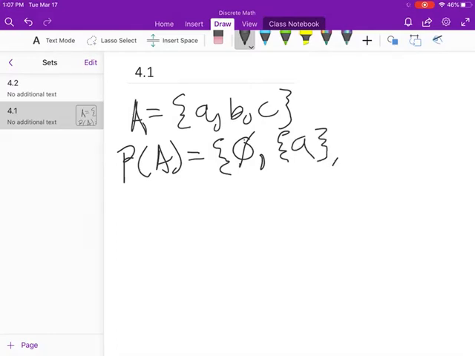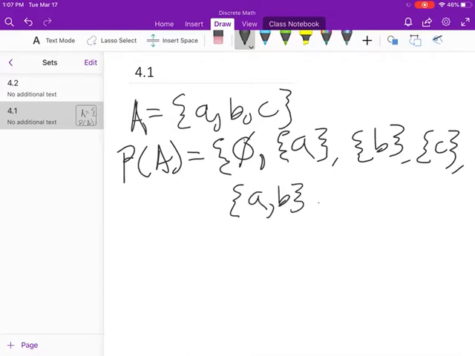So there's A, B, C. Then all of the two-element sets. So I've got AB, then AC, and then BC.